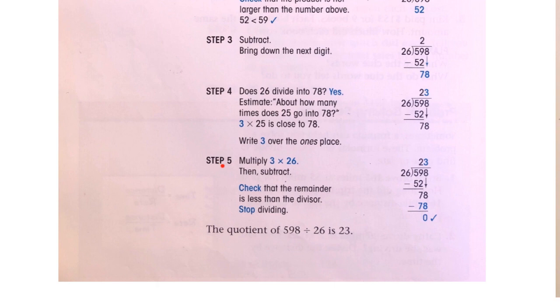Then step 5, multiply 3 times 26. 3 times 26 is 78. Then subtract. 78 minus 78 is 0. Check that the remainder is less than the divisor. This is 0, so yes. Stop dividing. The quotient of 598 divided by 26 is 23.